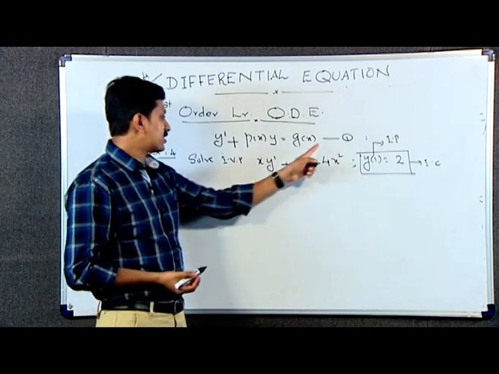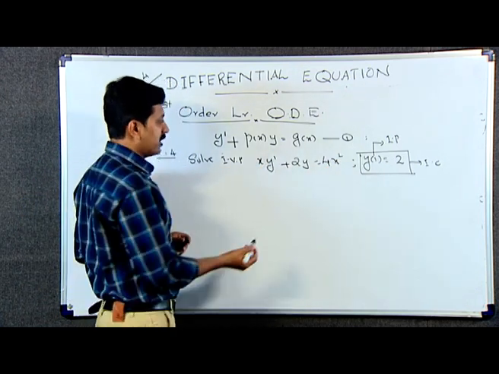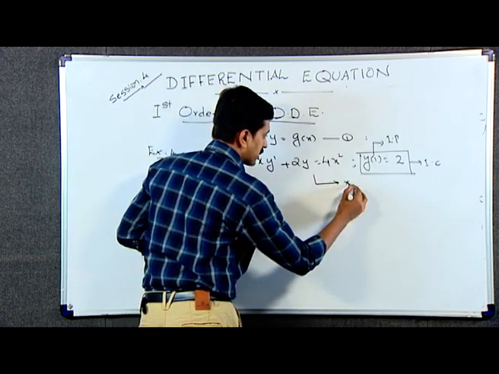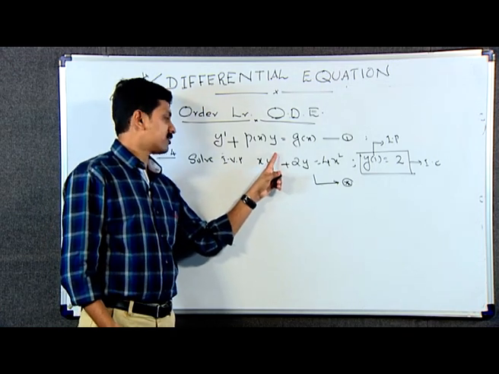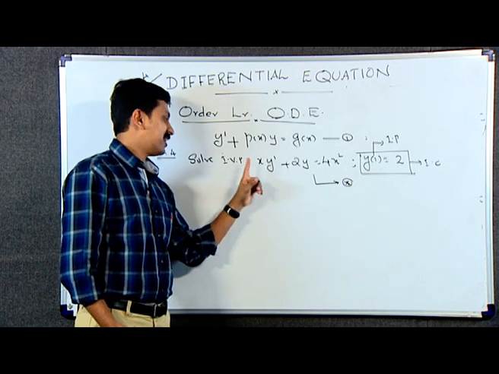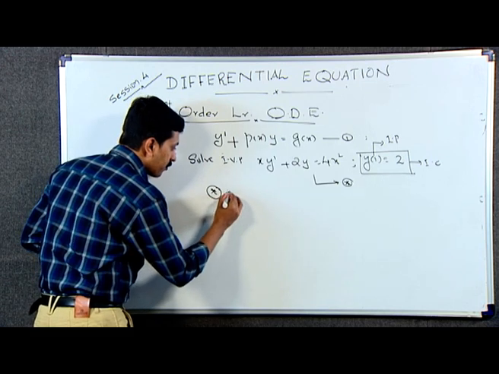See, in this initial value problem, this is not linear, so firstly we have to linearize it. I am calling this equation star. To make y dash alone, we have to divide our differential equation by x. So, divide star by x.